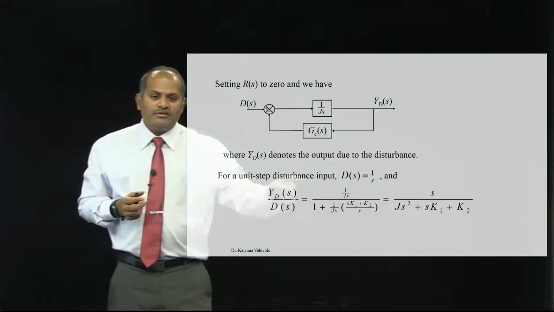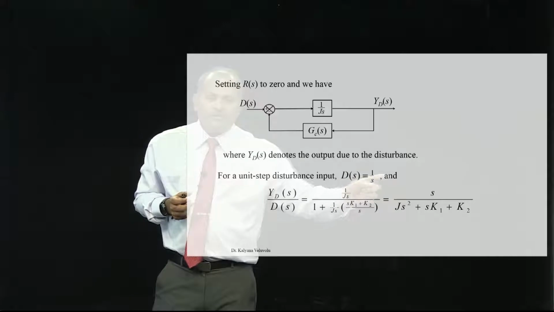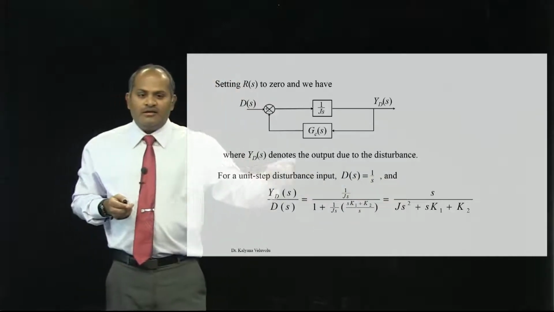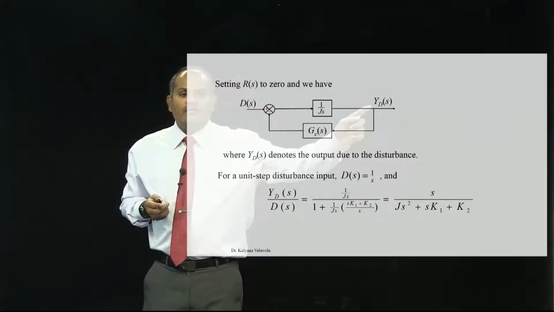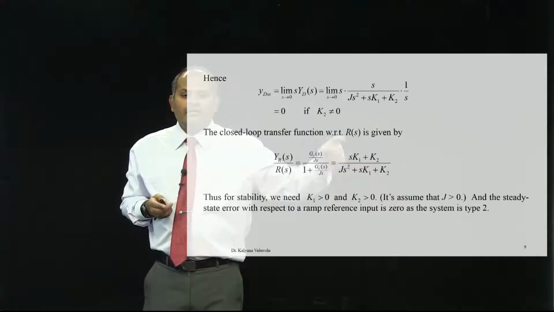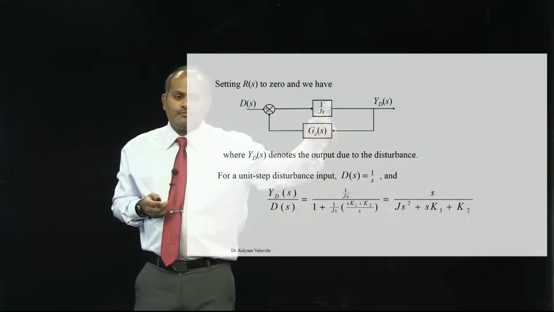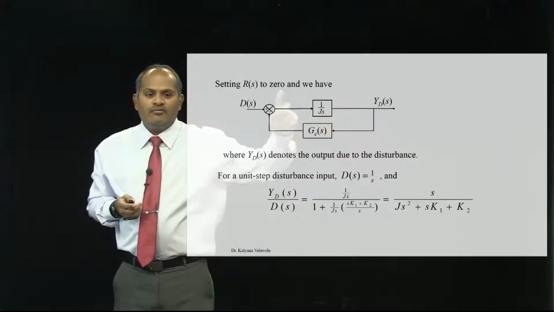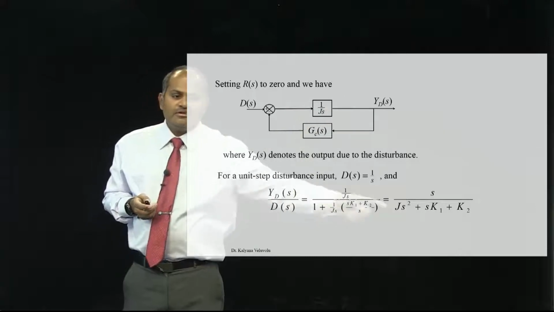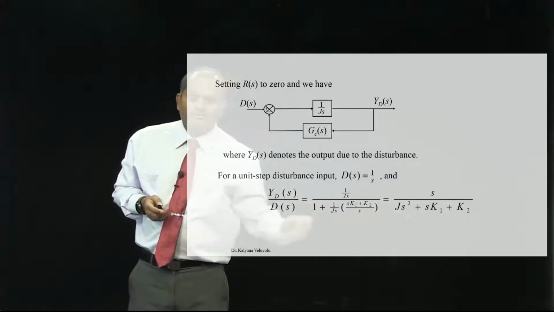So, I choose the unit step disturbance, D of S equal to 1 by S, and then I can find my transfer function. From the transfer function, I can find the YD of S later. First, formulate the transfer function YD by D of S, which I can get as a nice standard second order system.